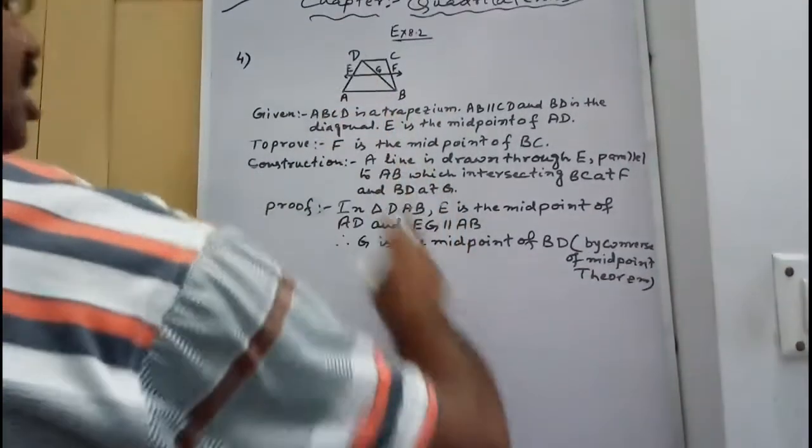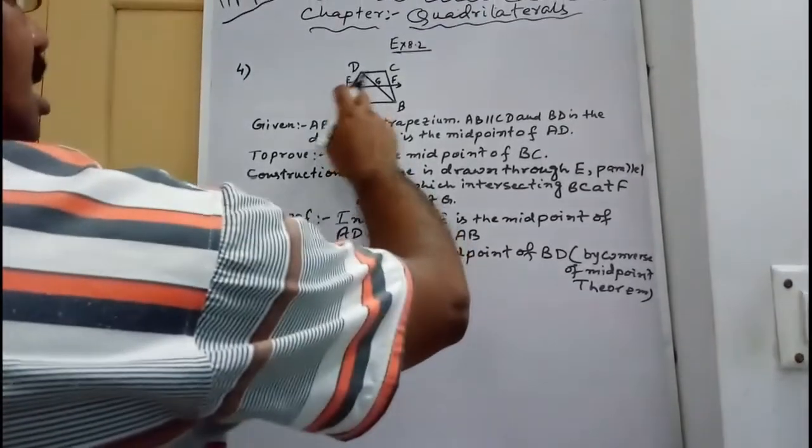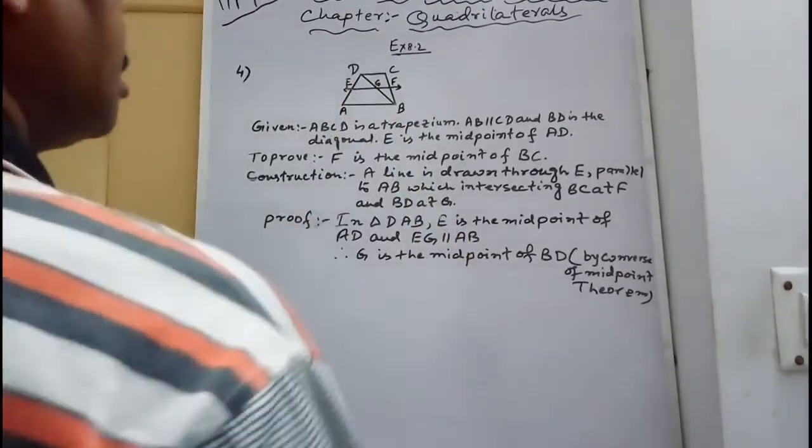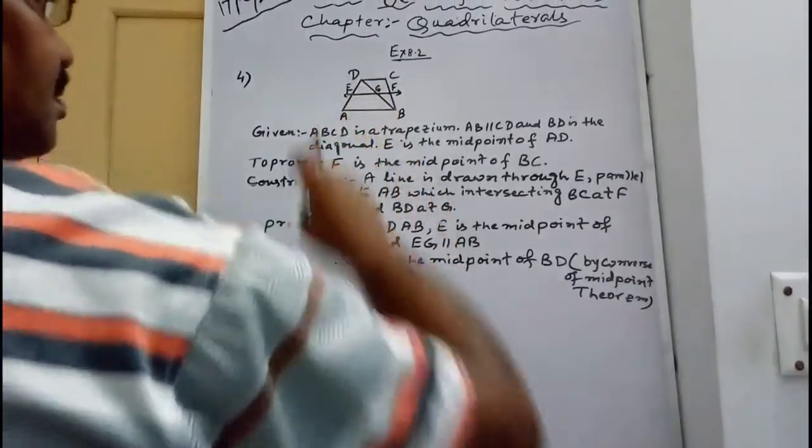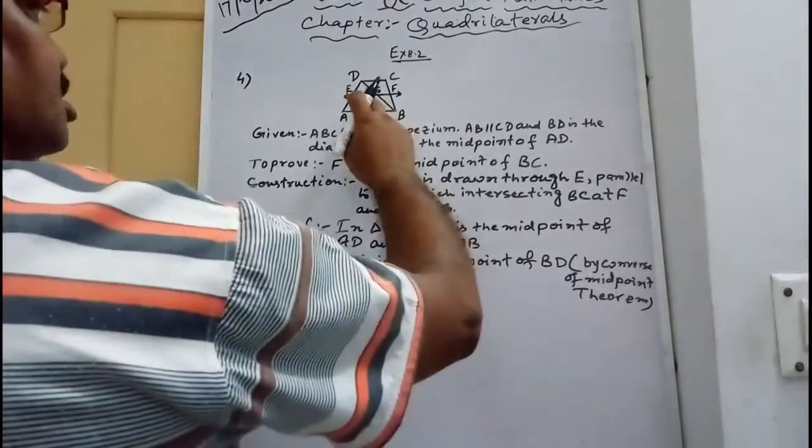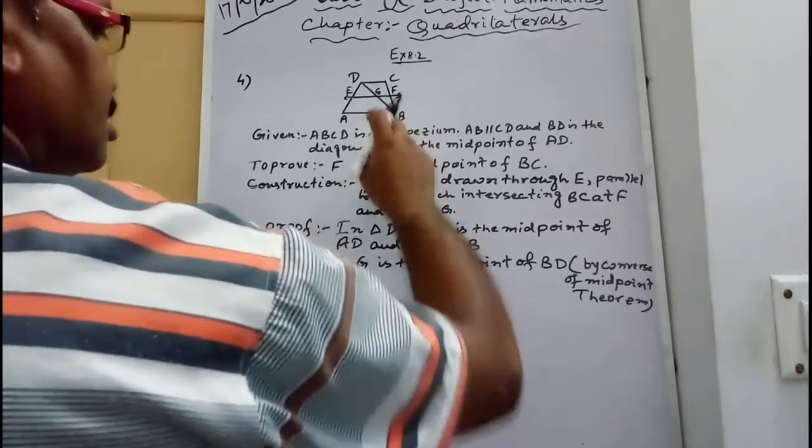By the converse of the midpoint theorem, as EG is parallel to AB and E is the midpoint of AD, therefore G is also the midpoint of BD.